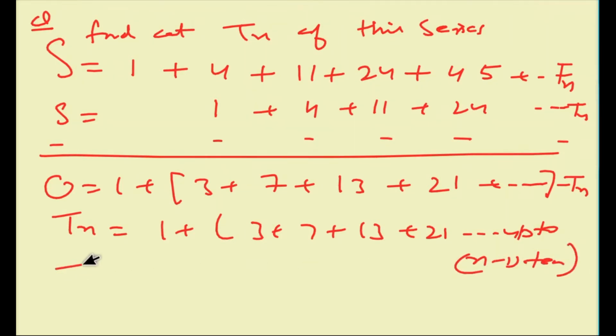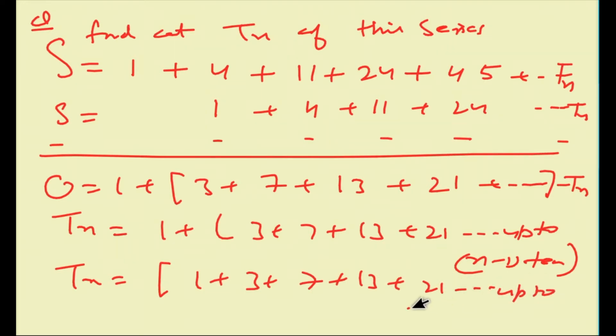Okay, Tn equal to, taking this also, 3 plus 7 plus 13 plus 21 up to n terms. Now we can see here is Sn of this series, and in the previous example we have already found the Sn of this series. So again we will use the difference method.